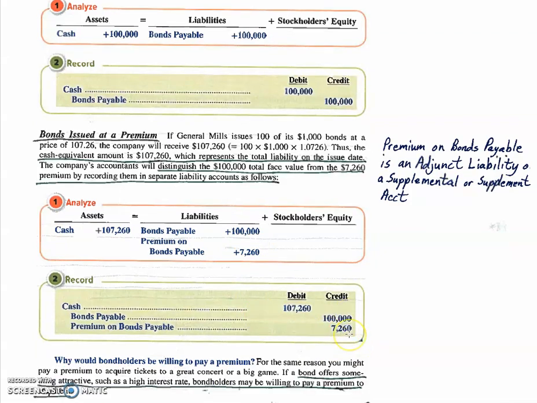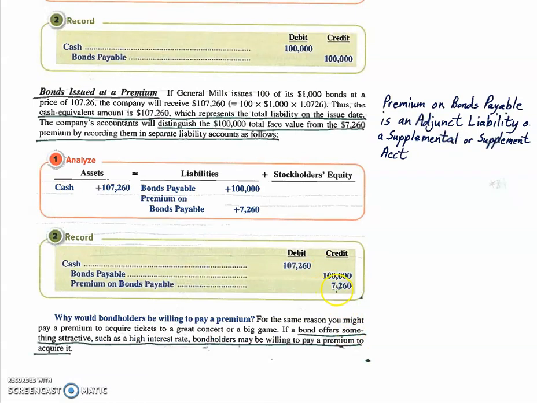So now as we make interest payments, we're going to take a portion of this premium and reduce it. So when we pay an interest payment, we have $100,000 of bonds face amount right here, and it's 6% interest, so that would be 3% for each interest payment, semi-annual interest payments.